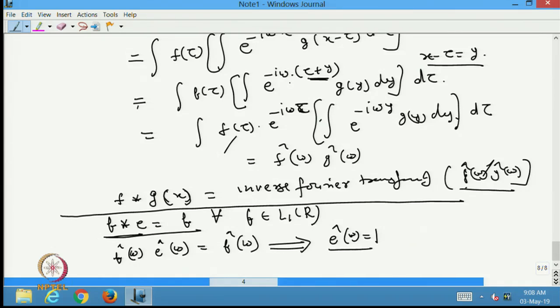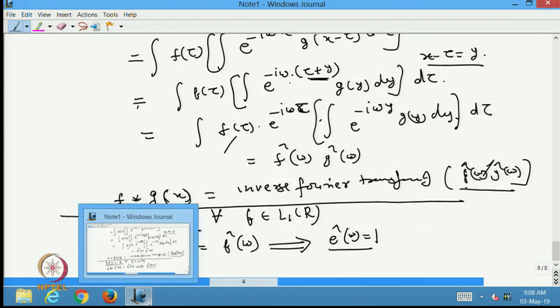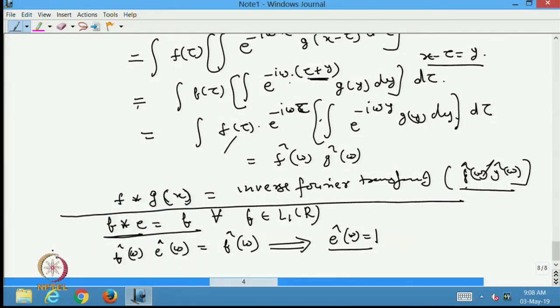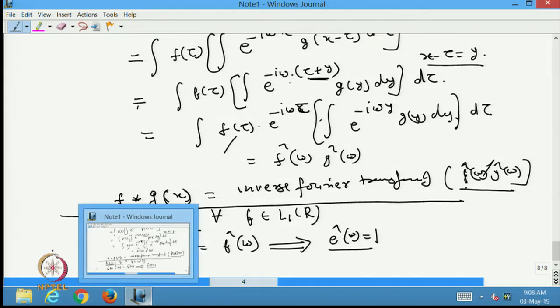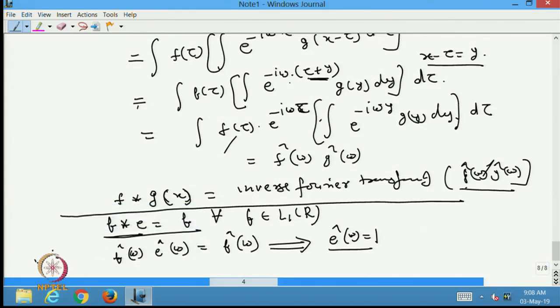So, is it possible? Can you think? No. Existence of an identity means there exists an E belonging to L1(R) which satisfies this property.